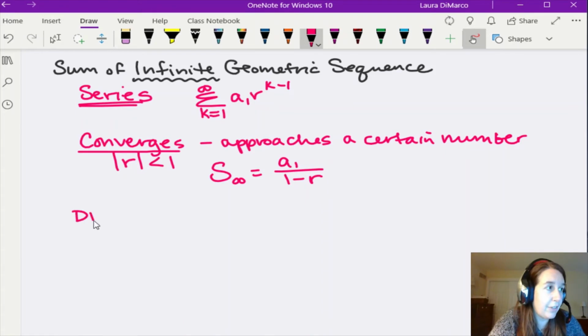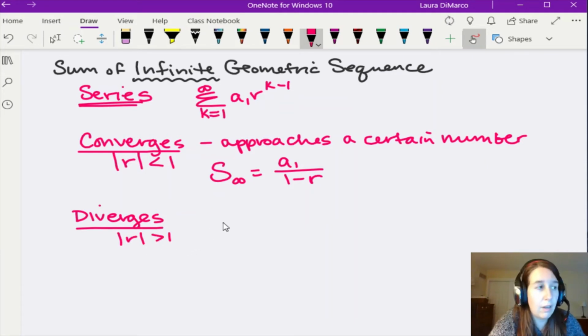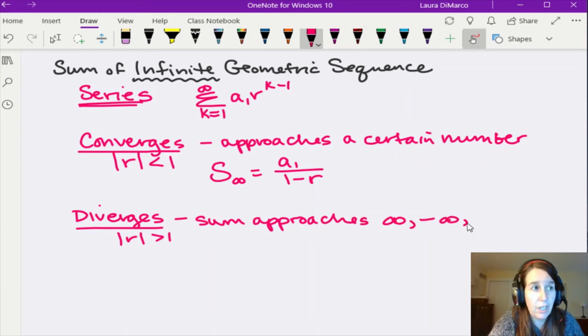If it diverges, that means that the absolute value of r is greater than 1. r can't be 1 or you're not going to get a geometric sequence, right? So that means that the sum approaches infinity, negative infinity, or it oscillates.